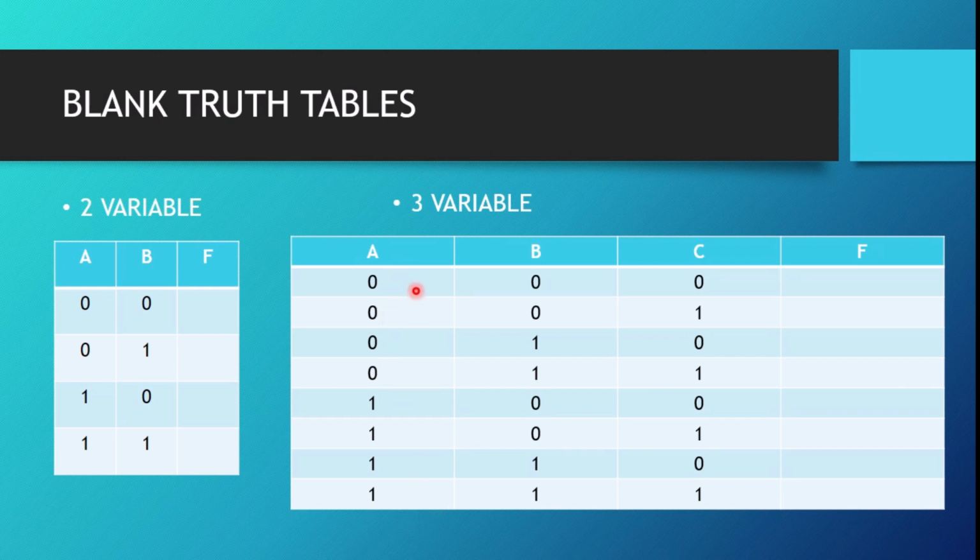Now suppose we have one more variable. Okay, then in that case it will be 8 zeros and 8 ones and so on. Okay, then whatever the output is, we can write in this area. I hope it is clear to all.